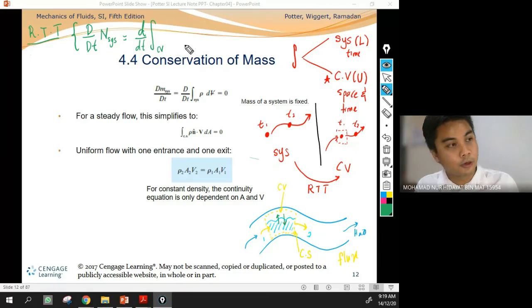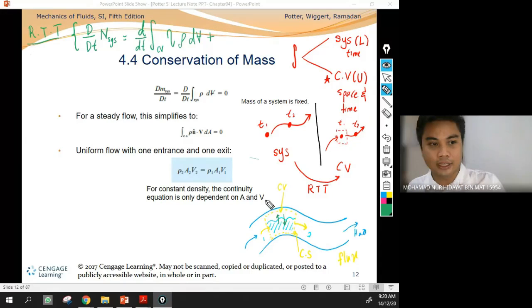The integral over the control volume of the intensive property, rho dV, this is volume. Plus, remember, just now I talked about there are two types, control volume and control surface.